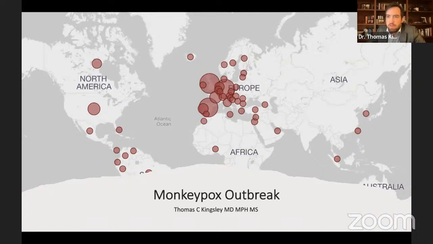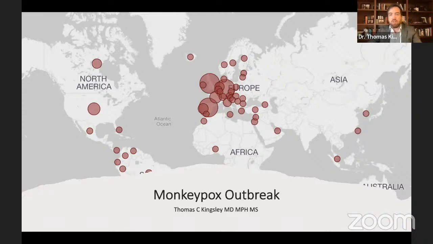So for a couple slides, I just want to introduce the topic. Monkeypox has actually been around for a while. There's right now 7,000 cases globally, about 600 in the United States. And this marks a large deviation from typical monkeypox outbreaks.